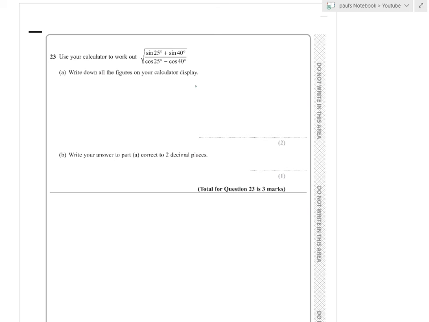So, sine 25 plus sine 40 equals, so I've got 1.0654 divided by cos 25 minus cos 40 is 0.1402. That's enough numbers there.